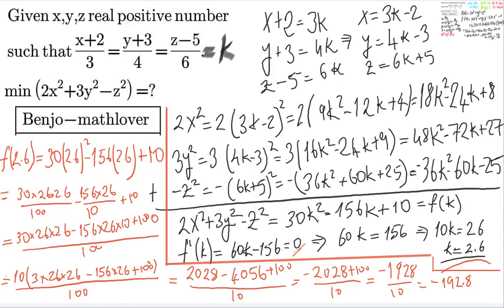The k value that gives 0 slope is 2.6. If we substitute k equals 2.6 into the f(k) function, we get the minimum value. The final answer I get is this one, if I calculated everything correctly.